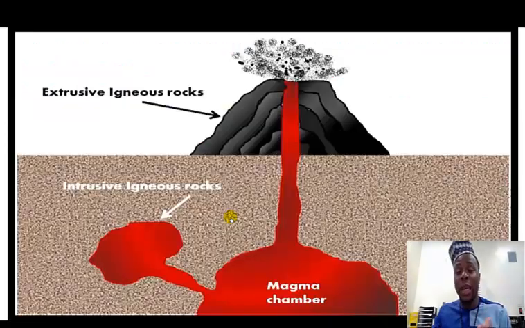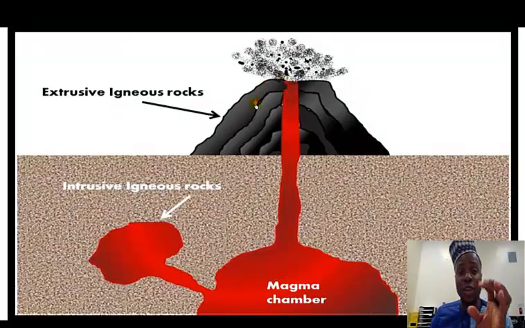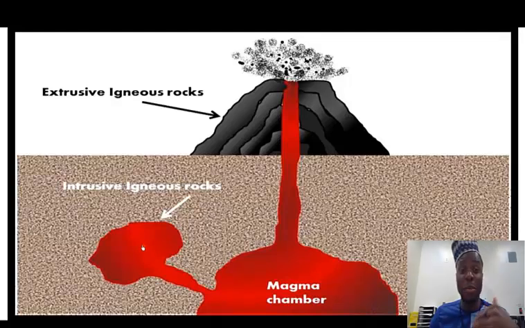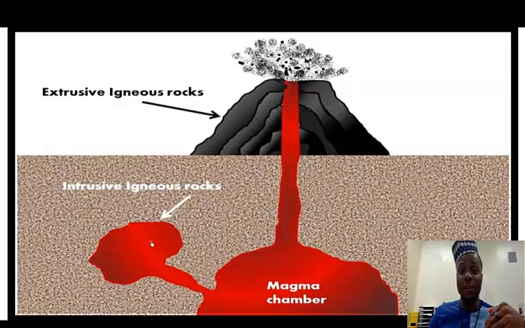Now, like I just explained, the molten rock can make its way to the Earth's surface, then it will cool and solidify on the Earth's surface. You call that extrusive igneous rock. While the magma that did not make it to the Earth's surface, that is trapped deep inside the Earth and cools and solidifies deep inside the Earth, you call those intrusive igneous rock.